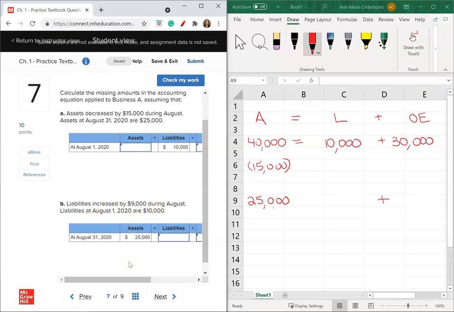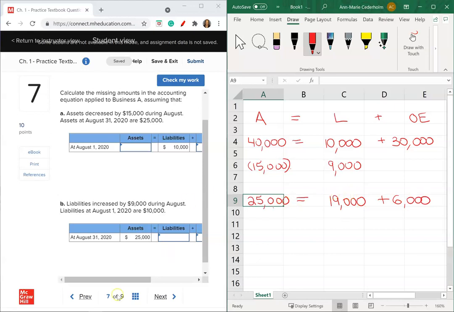So if I started off with $10,000 and they increased by $9,000, then my liabilities are now $19,000 at the end of August. And because I know that assets equal liabilities plus owner's equity, I need the left side of $25,000 to balance to the right side. Right now I only have $19,000 there, so I have to add another $6,000 in order to make both sides equal $25,000.